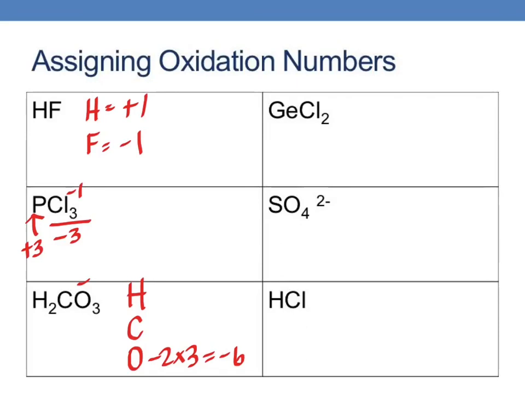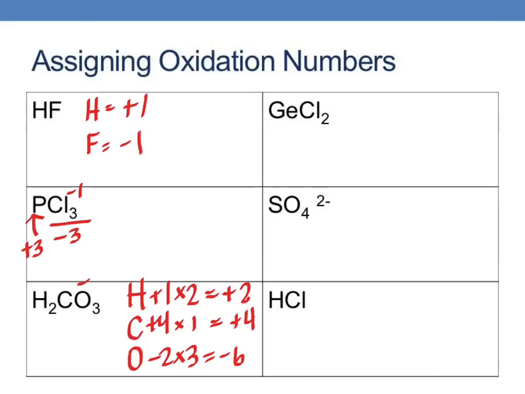Hydrogen's oxidation number is plus 1, and we have 2 of them for a total of positive 2. So therefore, carbon, only one of them, has to be a plus 4. Whenever you have 3, use the middle one for last.